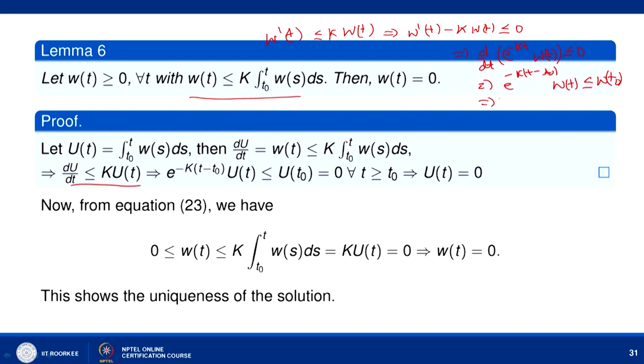So we can write this as w(t) is less than or equal to 0.